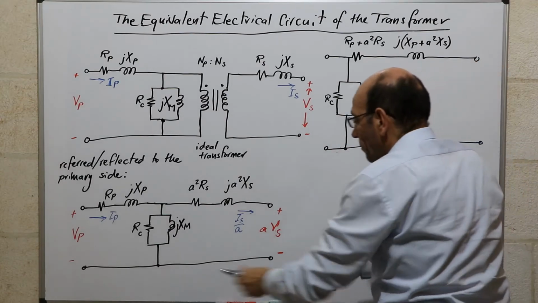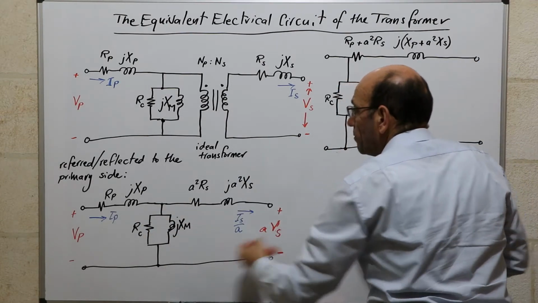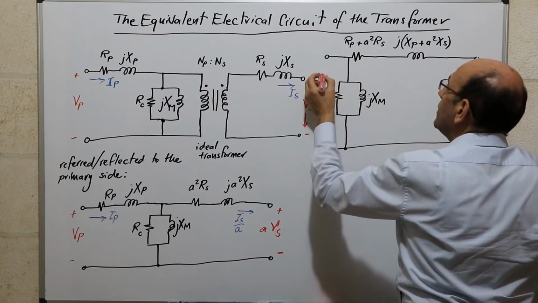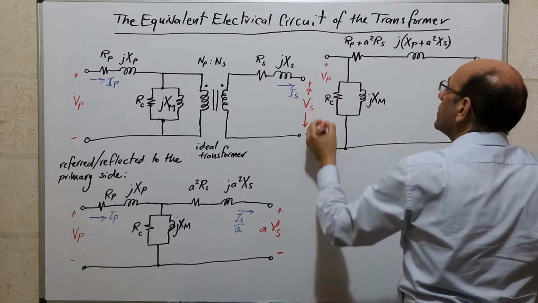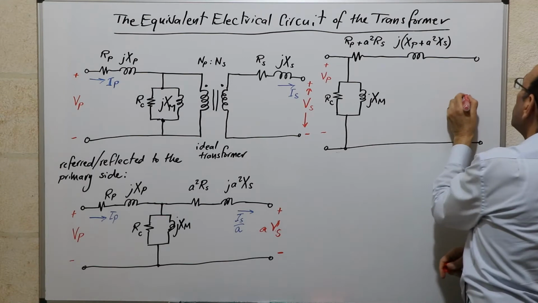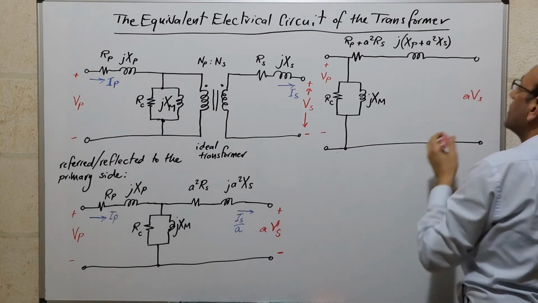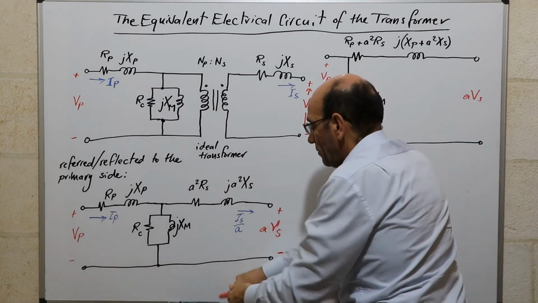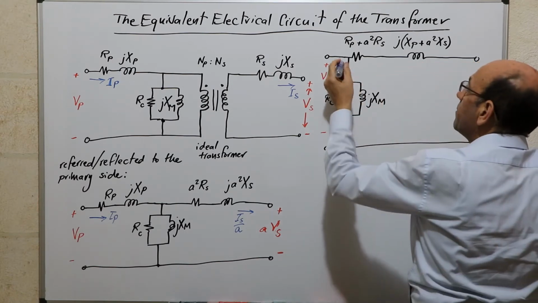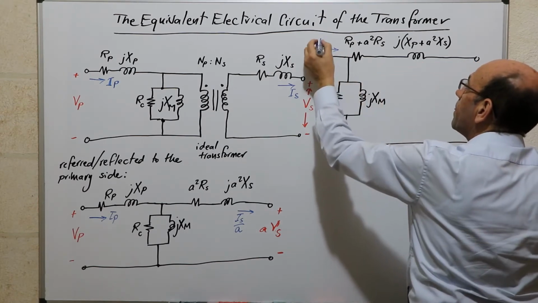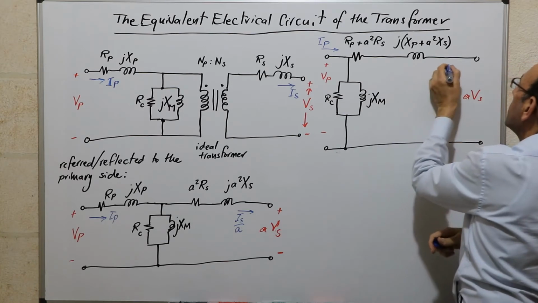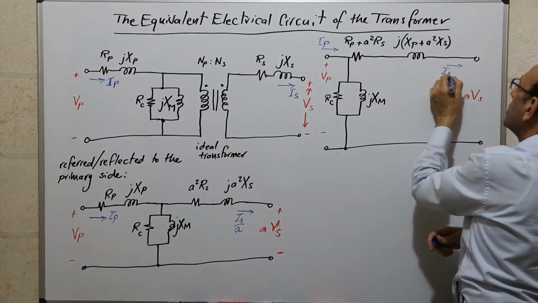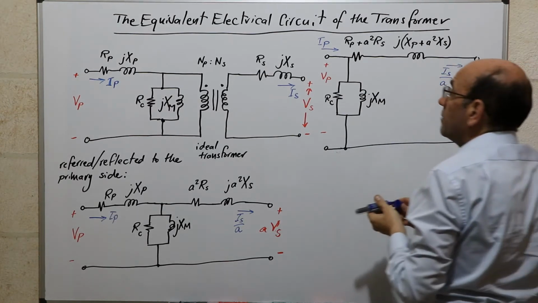And then we add all of the other pieces in there. So VP is still here, and AVS is still here. And then we take IP, I subscript primary, and I subscript secondary divided by A.